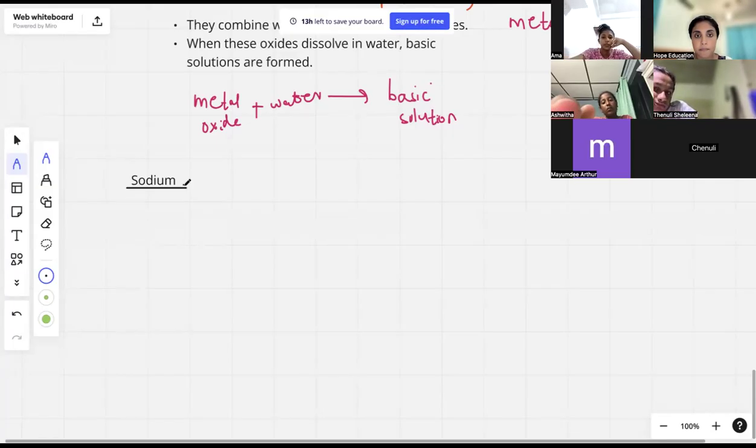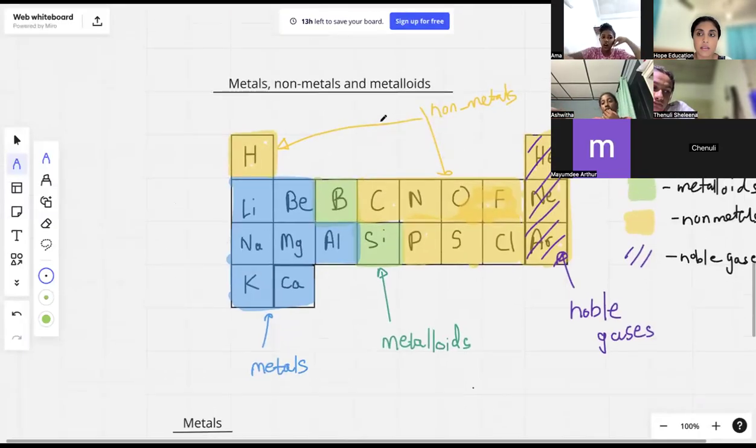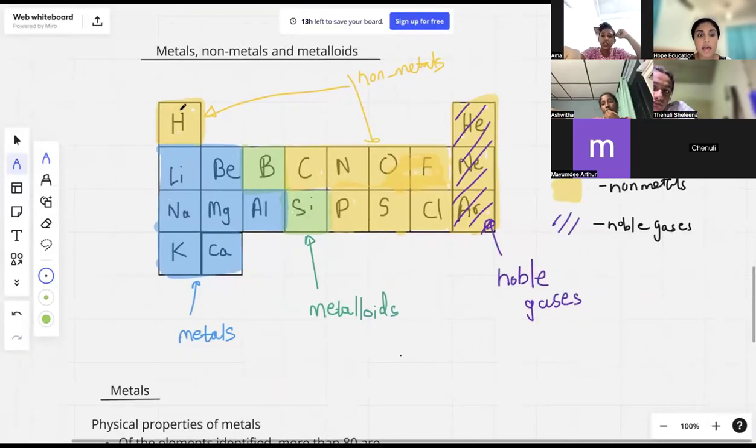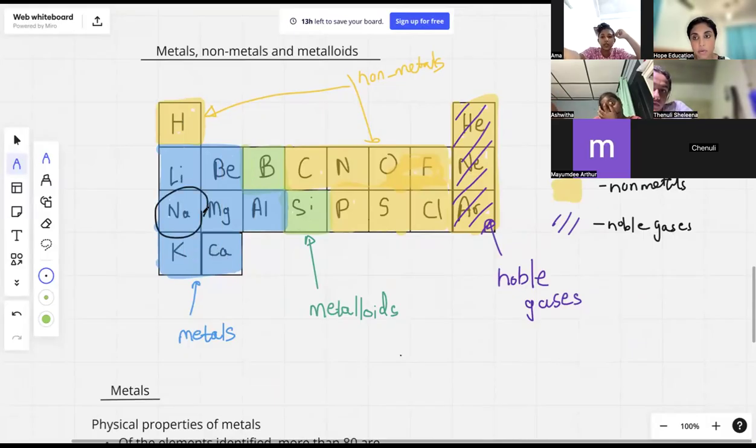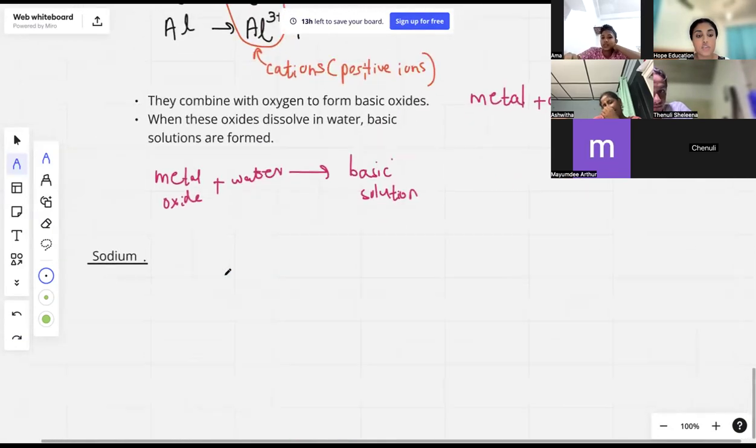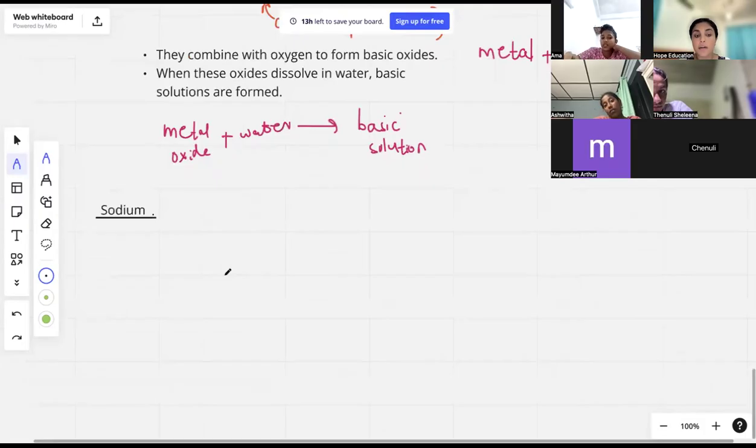Sixth group. Groups are what go down like this. There are 8 groups in the periodic table. Sixth group. So where is sodium? Sodium is in the first group. Sodium is here, Na is sodium, it's in the first group. So sodium is a metal in the first group of the periodic table. To which period does sodium belong? Chenuli?